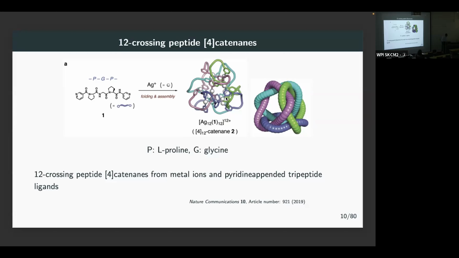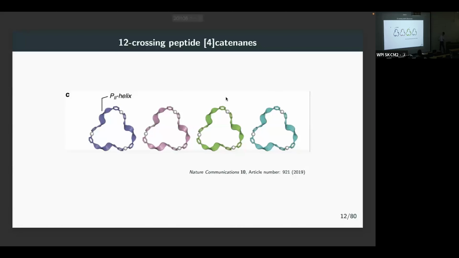So this is a PGP, and this is an Ag plus ion, and three of those will make one ring. So how many do you prepare? 12 of the peptide and also 12 Ag plus, then that will form a 4-component ring.